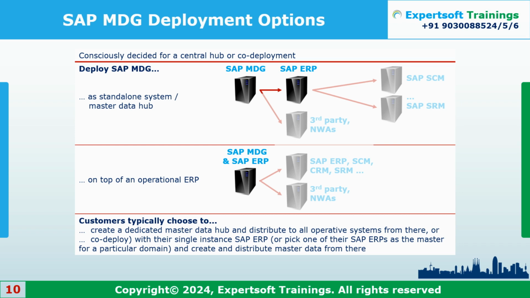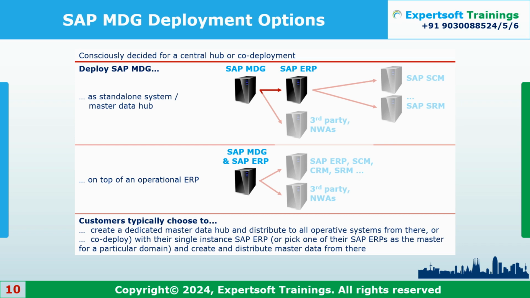In co-deployment, S4 does not filter your data because everything is available for everyone. But here you can filter your data based on country, region, or whichever filter you want. That is the main benefit of the hub deployment.